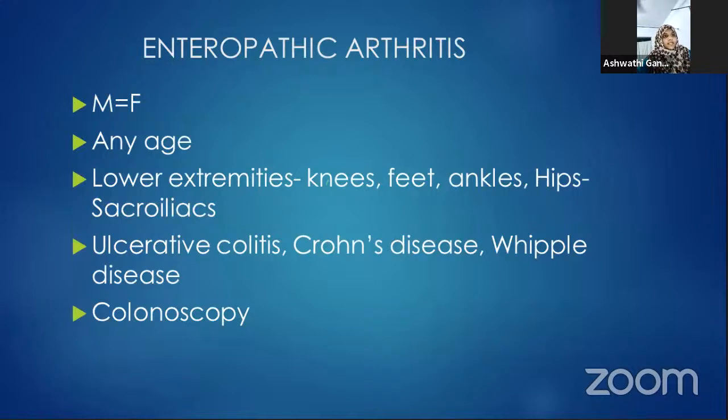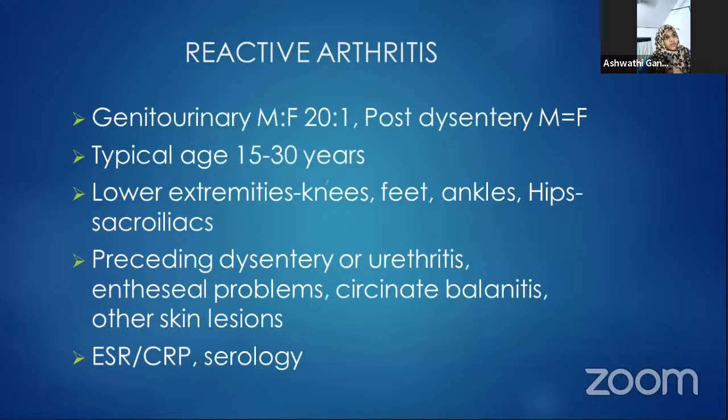Then reactive arthritis, this is very different from viral arthritis. Acute viral arthritis usually subsides within 10 days of the infection, but reactive arthritis occurs after an infection. Sometimes the first infection may not be that severe, so the patient would not remember.